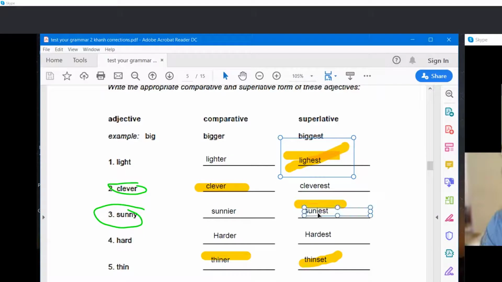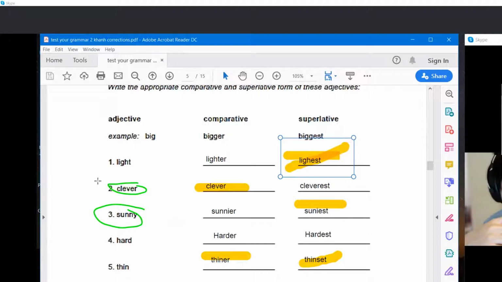And sunny, superlative, sunniest, double N. Sunniest. All right. So the rule is change Y to I and add ER or add EST. Sunny, sunniest.